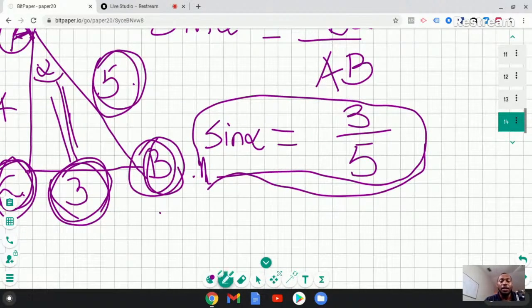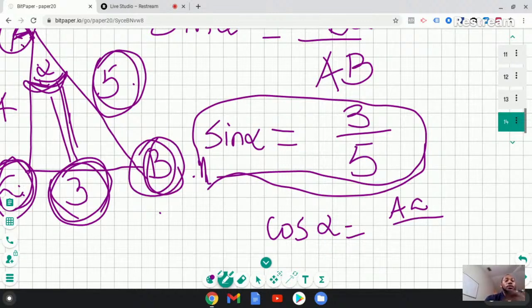Cosine of the angle alpha, we're still considering the same angle, is the adjacent side divided by the hypotenuse, the longest side of the triangle, AB. What's the adjacent side to the angle alpha? It's AC, correct. So what's the length of AC? It's 4, divided by AB, which is 5.